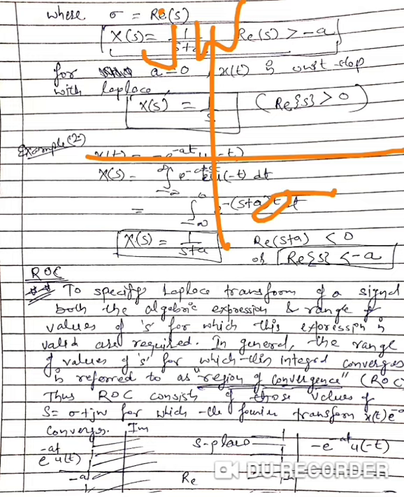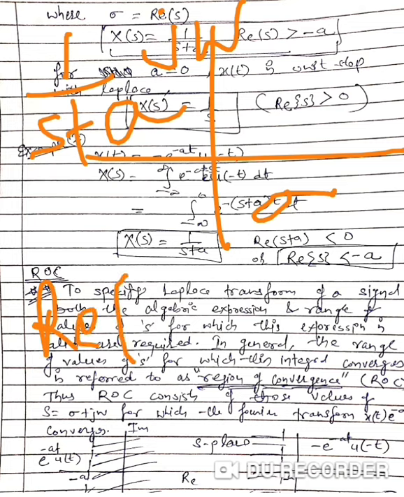For example, in the last example we calculated that the Laplace transform of e raised to power minus at u(t) comes out to be 1 upon s plus a, so real of s is greater than minus a. If I want to draw it on the s plane, how can I draw it?